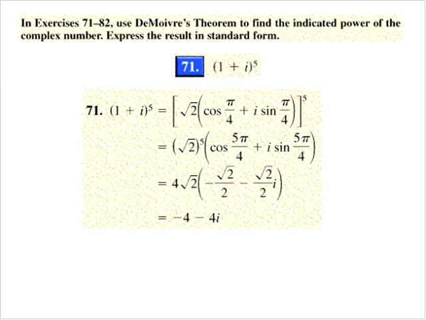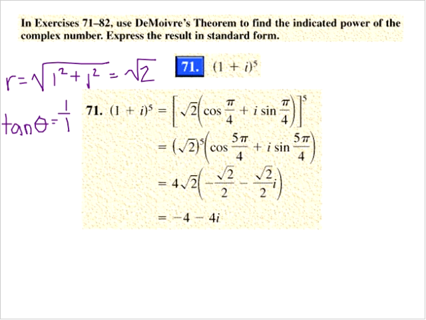So let's start with r. r is the square root of 1 squared plus 1 squared, because that's a and b respectively, right? So that's the square root of 2. And then we have tangent theta equals b over a, so 1 over 1.